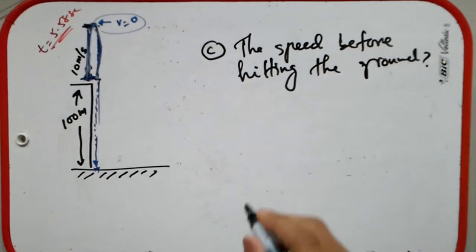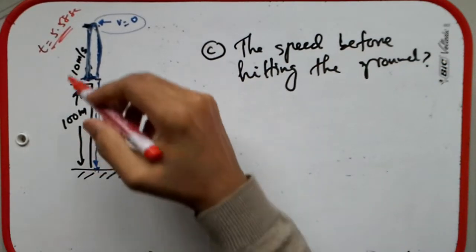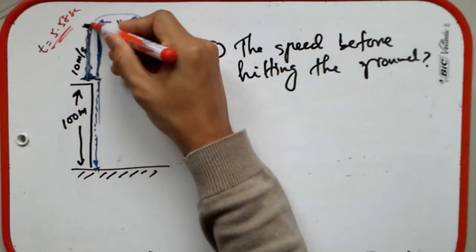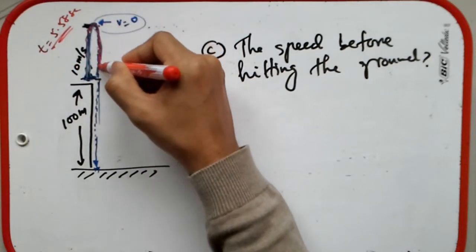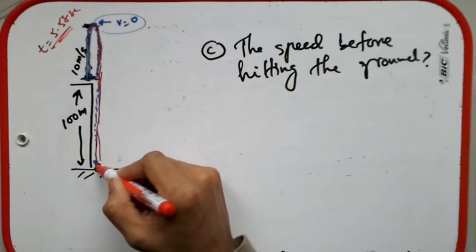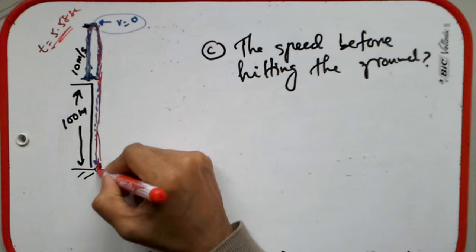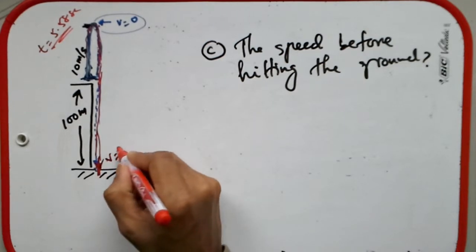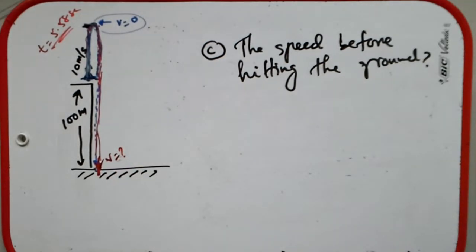What is the speed before hitting the ground? Meaning, if you throw the ball upward, it goes to this point and comes back and hits somewhere here. When the ball reaches this point, what is the speed? How do you find it?